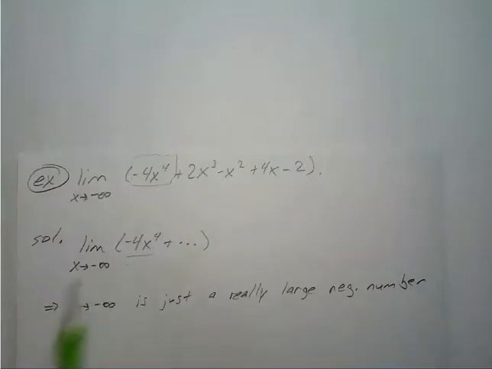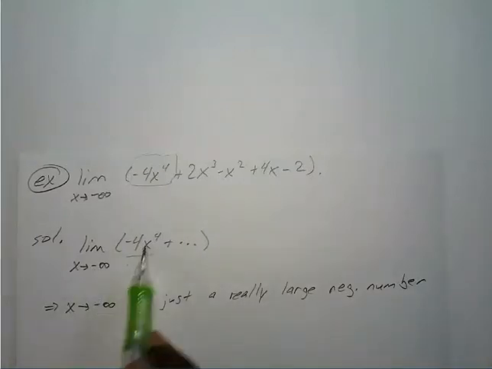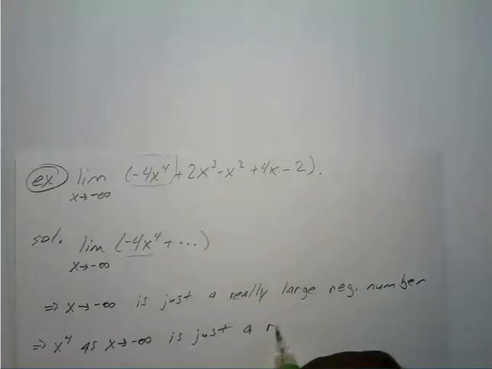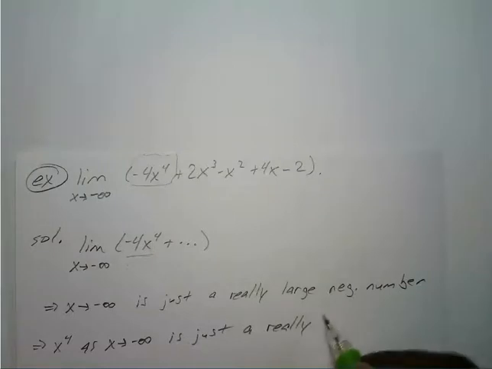So if you have that negative number raised to the fourth power, what does that do? X to the fourth as x approaches negative infinity is just a really large negative number.